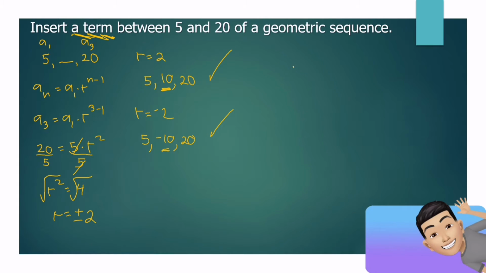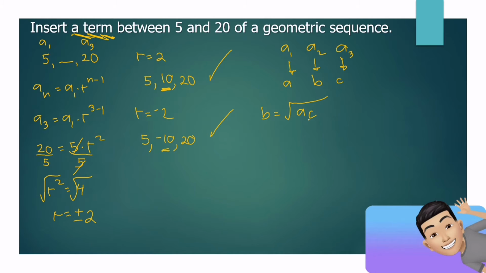Pwede nating palitan yung a sub 1, a sub 2, a sub 3 ng variable na a, b, and c. So, ang formula na b equals square root of a times c.